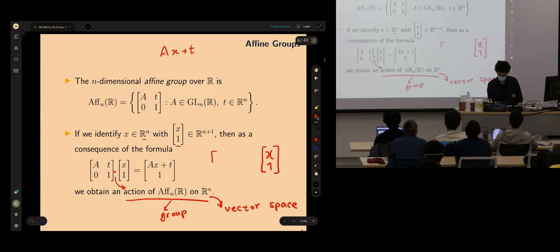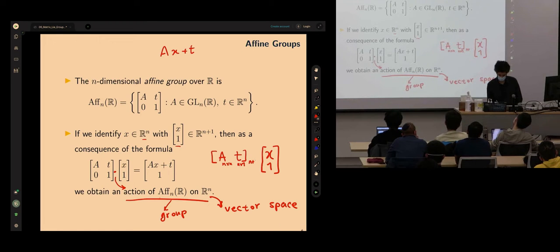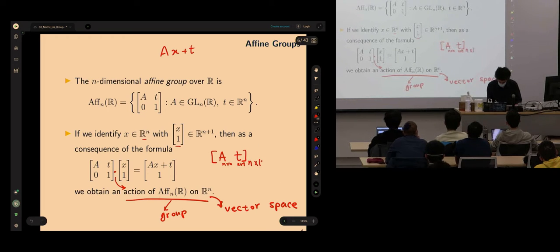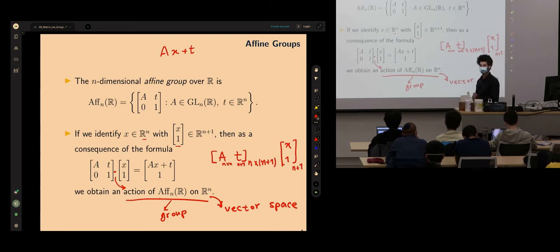So the question is, we can write this A and T. This is n by n plus 1. So the multiplication makes sense, right? Can I invert this?